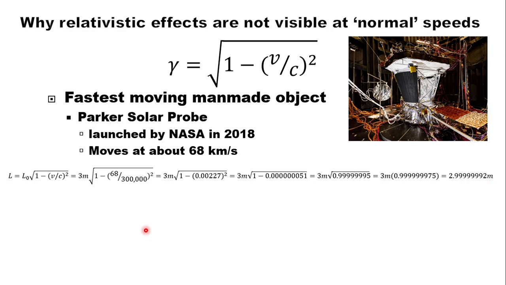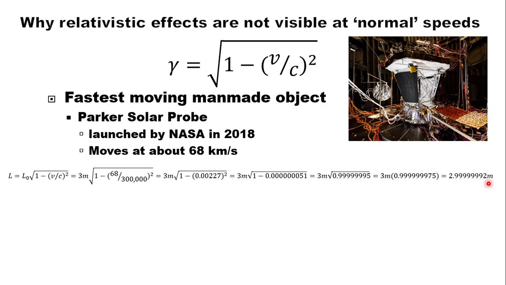That's a difference from the rest length of 8/100 millionths of a meter. That's nothing we're ever going to notice, nothing we can really measure. So even for the fastest moving man-made object, the change in length is only 8/100 millionths of a meter.